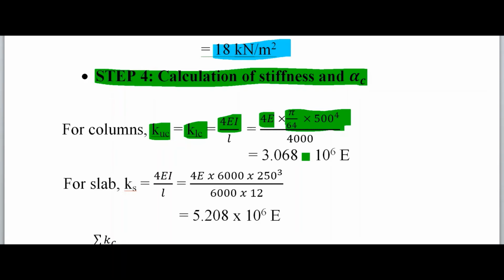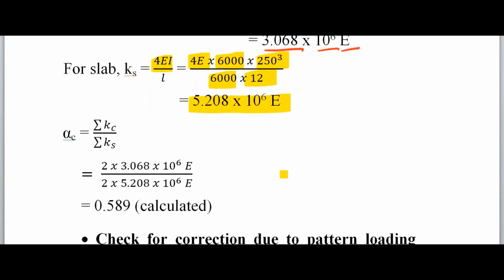L is the length, 4 meter height. So the value is 3.068 into 10 raised to 6 into E. For the slab, Ks is 4 EI by L, 4E into 6000 into 250 cube by 12 into 6000, so 5.208 into 10 raised to 6 E. It's the calculation of stiffness.